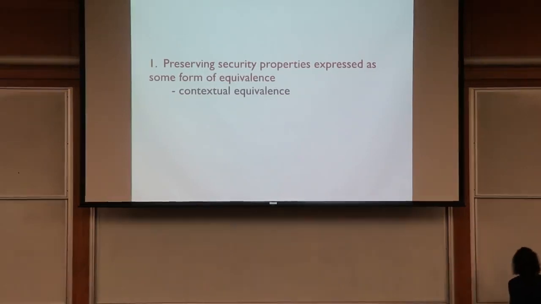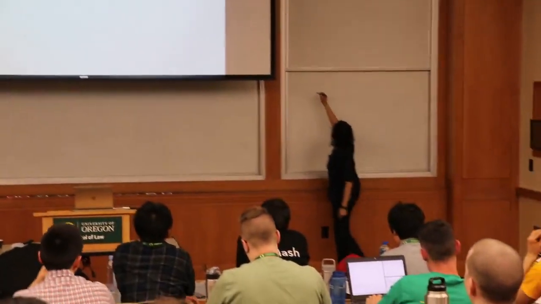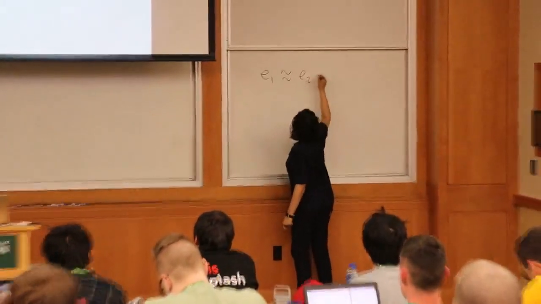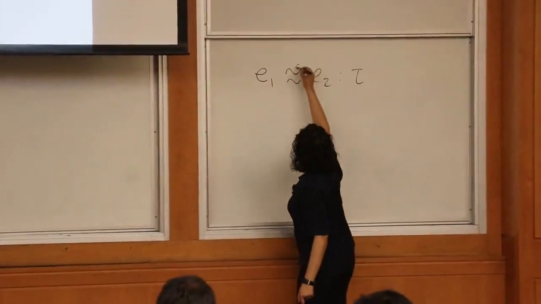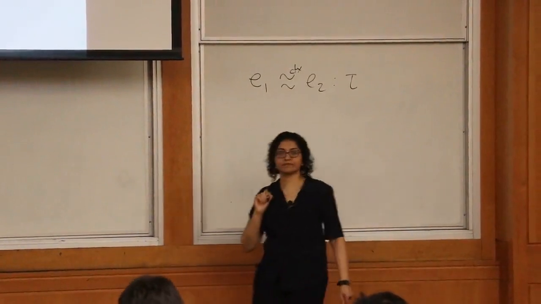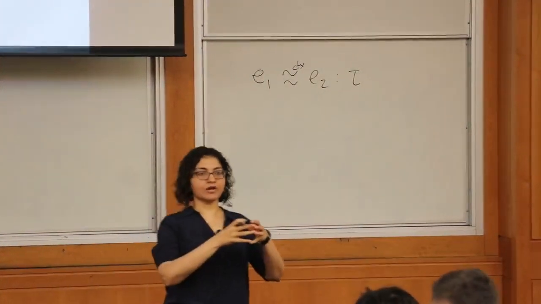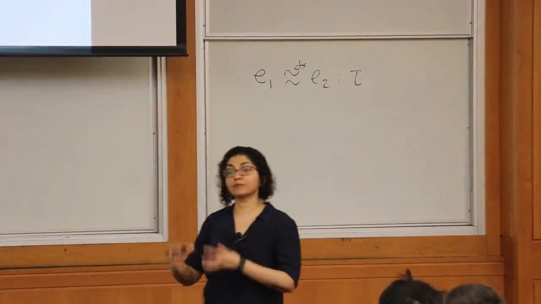So given any language, suppose that I want to say that two components, E1 and E2, let's say they have some type tau, are contextually equivalent in that language. What this basically means is I want you to think of the program expression E1 and the program expression E2 as components.